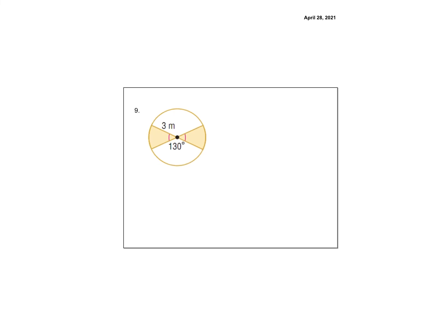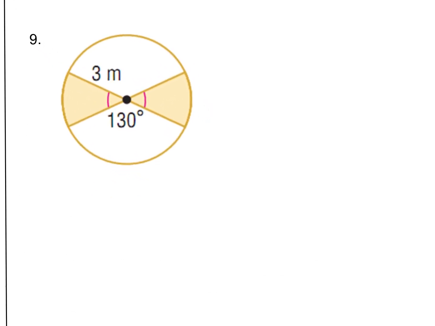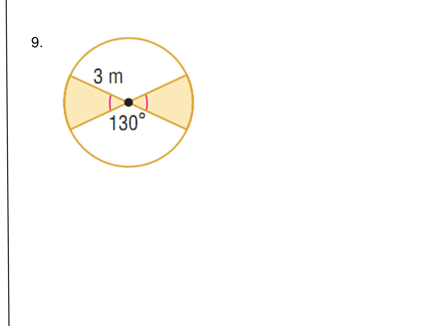Okay, so a little bit of a tougher one. My radius is 3. Okay, that's cool. So this one's 130. If that's a vertical angle, which it is, that's 130, which makes this, let's see, 50 and 50. So now there's a couple different ways I can do this.